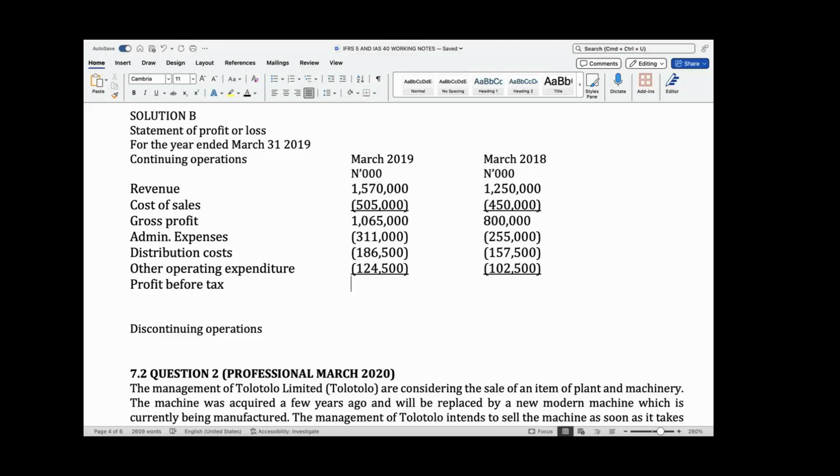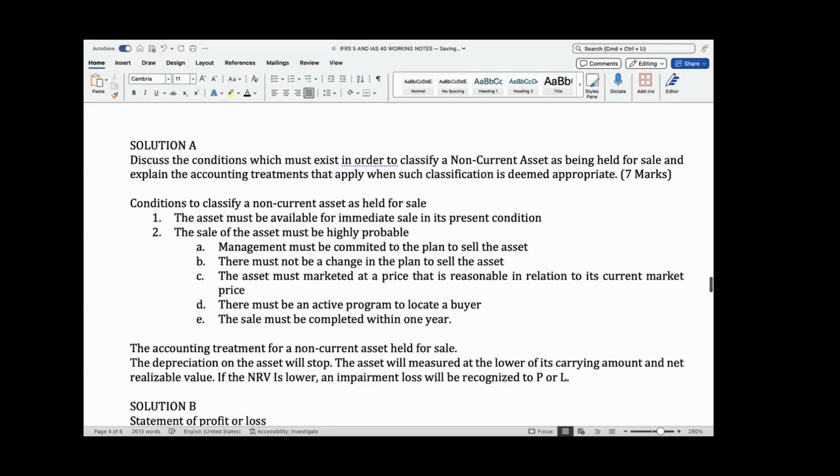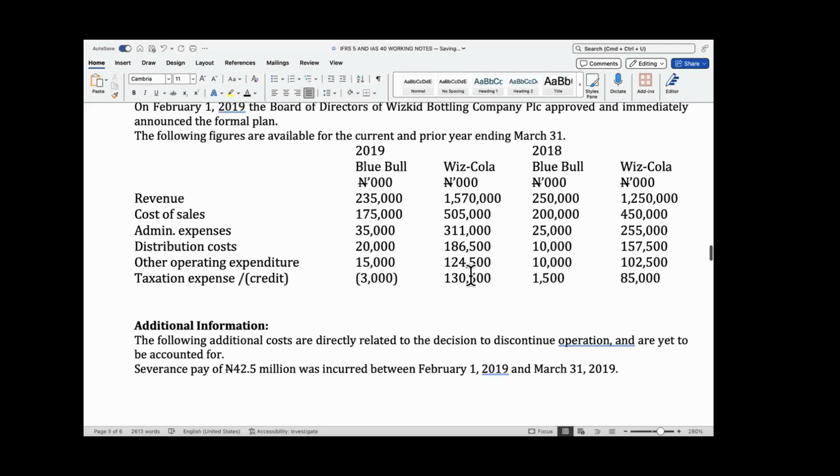443,000. And for March 2018, the income tax: 285,000. Okay, 285,500.